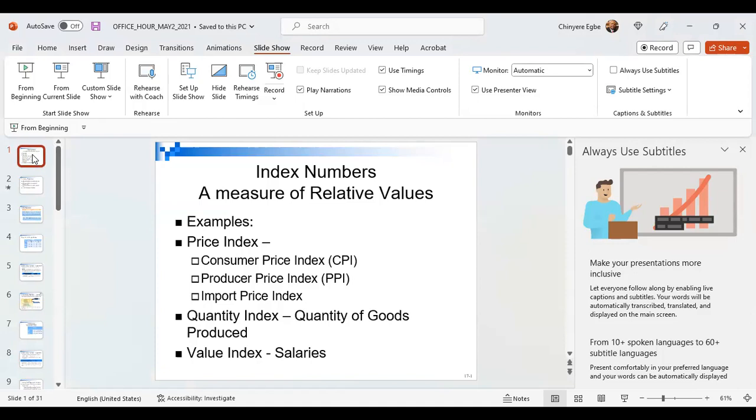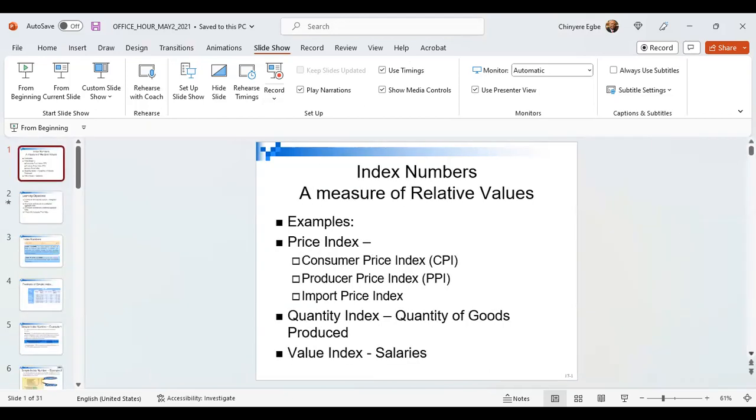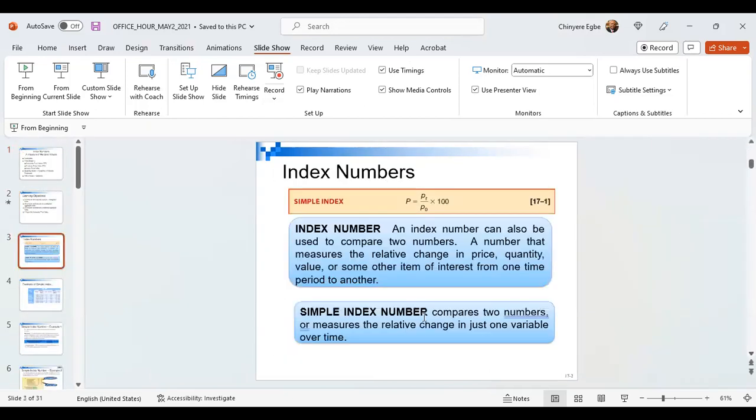Examples of index numbers are price indices, like a consumer price index, a producer price index. You also have an import price index, and you have quantity indexes. If you do research in economics, you deal a lot with index numbers.